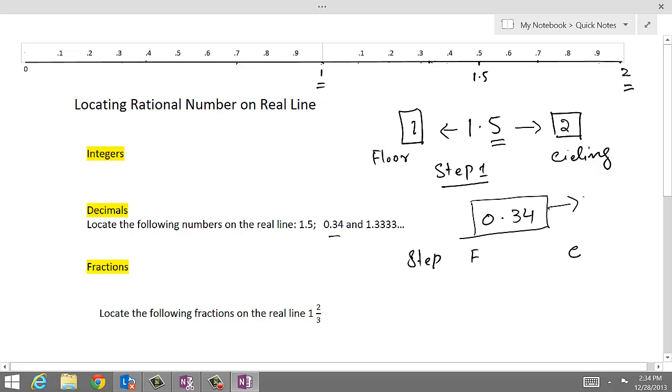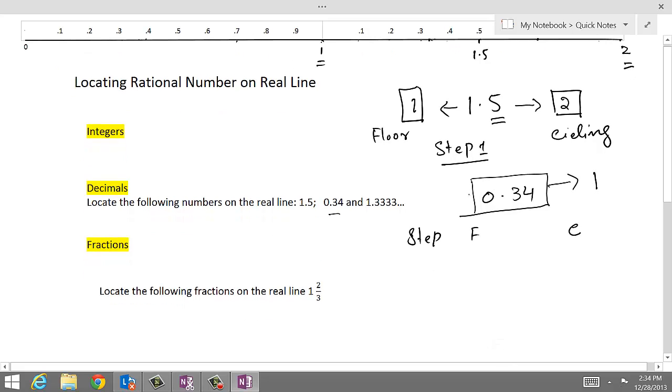Immediately to the right is the integer 1, and immediately to the left is 0, as indicated by the integer written as part of the decimal. So the floor is 0 and the ceiling is 1. Let's identify them on the real line: here is the ceiling and here is the floor.